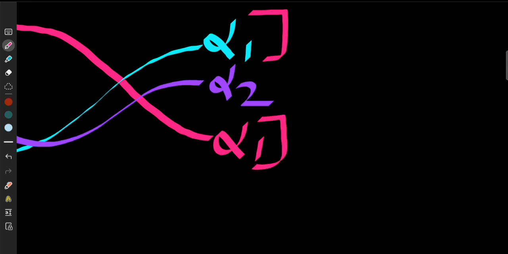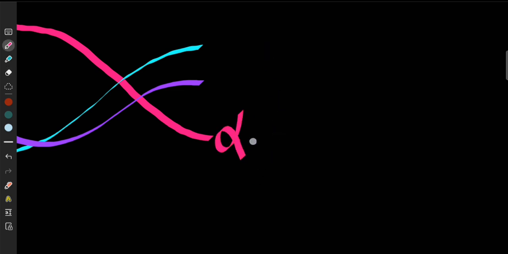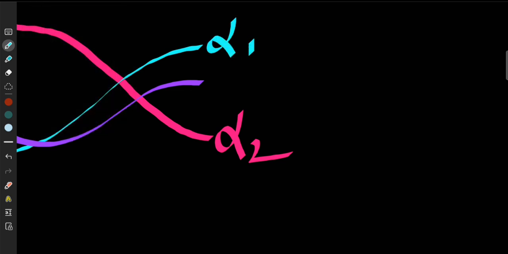I'm just going to write it like this so that it will be easier for you to understand. Okay, so this will be alpha 2 and then this would be alpha 1 and this would also be alpha 1, suppose.